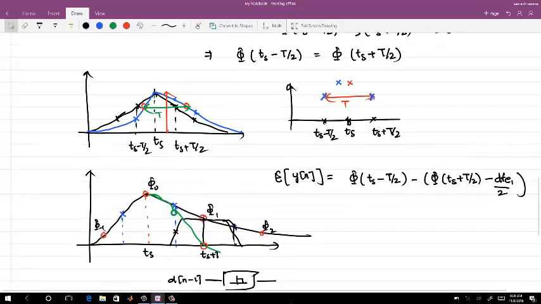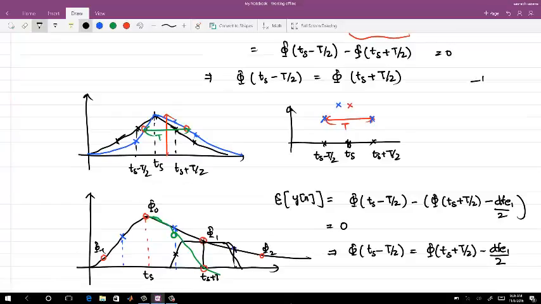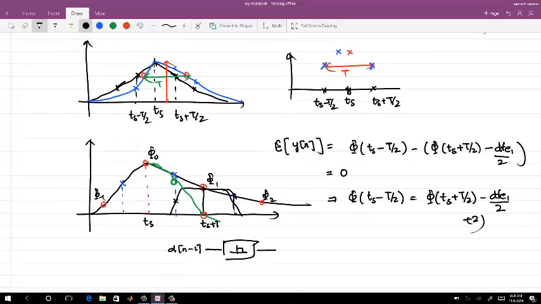Now this should go to 0 for the locking of the clock recovery loop, which implies phi of Ts minus T by 2 should be equal to phi of Ts plus T by 2 minus DFE 1 by 2 in steady state. So now if I compare the sampling point in this and in this, you can see that for the same channel response, my sampling point has changed, because they cannot have the same answer for a non-zero DFE coefficient.